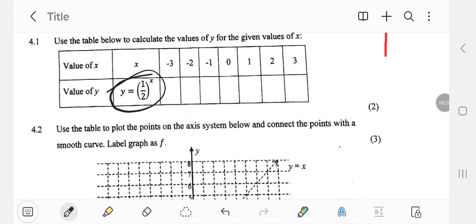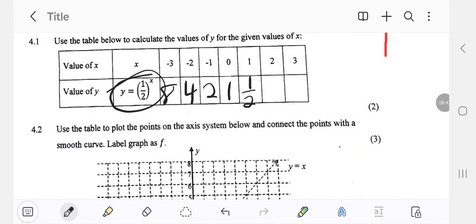Calculate 1/2 to the power minus 3, which is 8. And then this is 4, this is 2, this is 1, this is 1/2 which is 0.5.